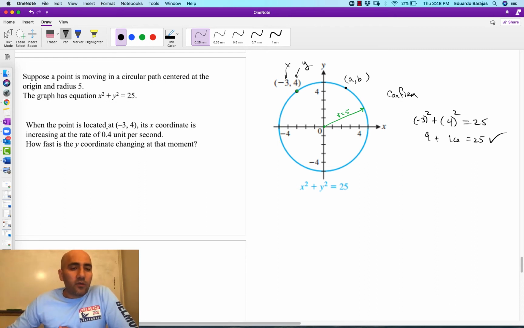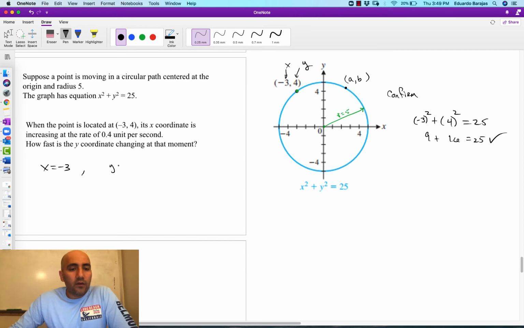Okay, when the point is located at (-3, 4), so you're in quadrant 2, you're right here, its x-coordinate is increasing at a rate of 0.4 units per second. How fast is the y-coordinate changing at that moment? Again, they've given us a change, a speed. It's increasing at a rate of 0.4 units per second, so we know it's over time. They've given us the x-coordinate, that's -3.